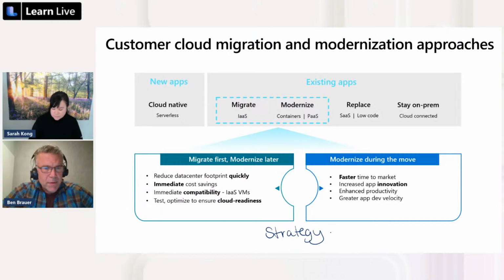So you could have new applications, which are basically cloud native applications. What this means is basically you are building an application using Azure services and supported by Azure services. And when you do something like that, we say that it's cloud native.